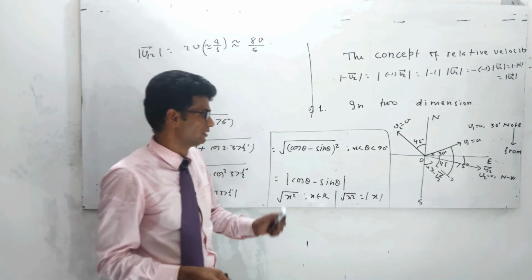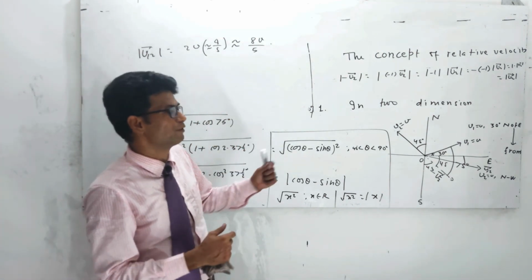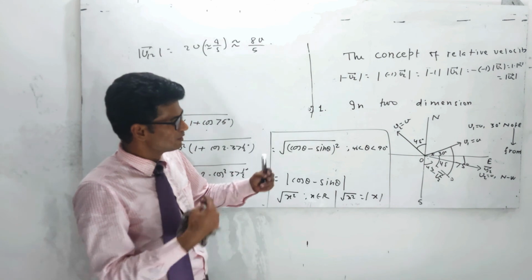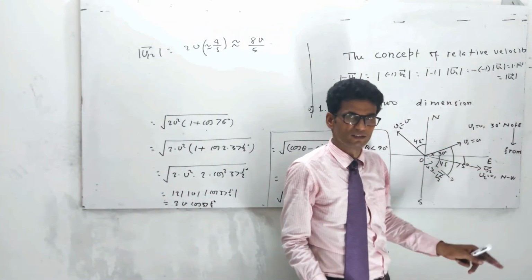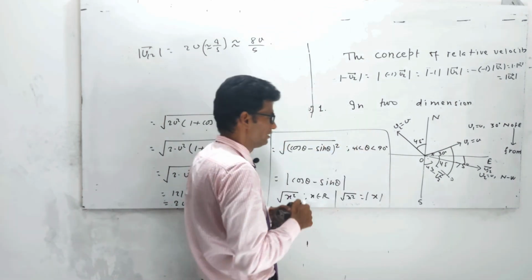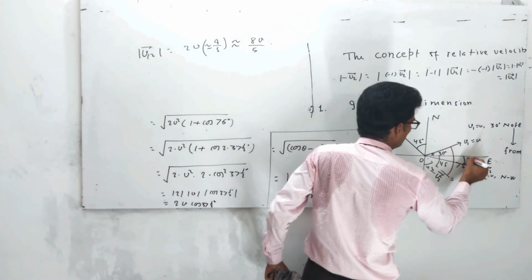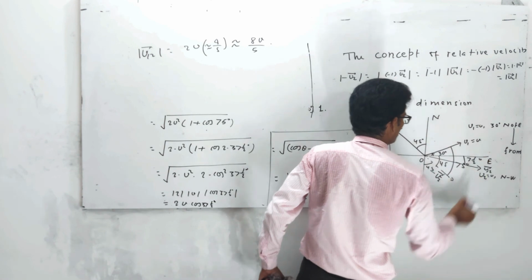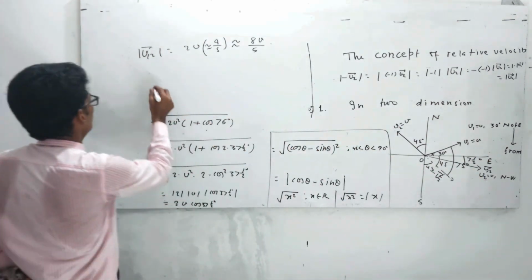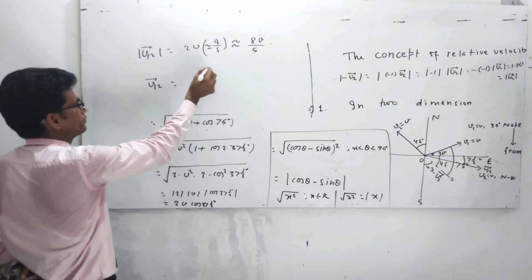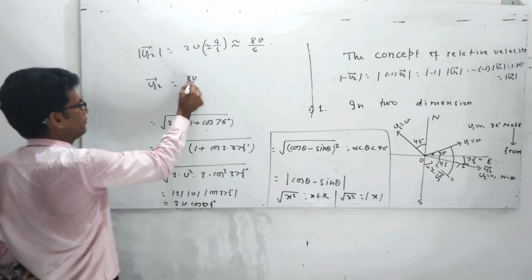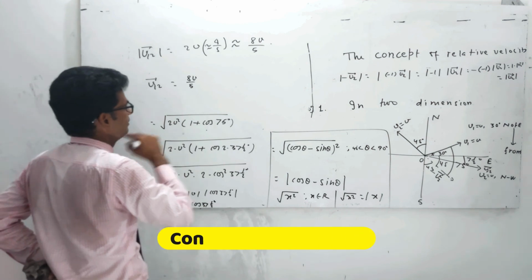In our problem we have taken it from one of the vectors, but here it is shown as 30 degrees north of east or northwest. So here this is 7.5 degrees. So we want to write the v12 vector as approximately 8v over 5, and we have to write the direction here.